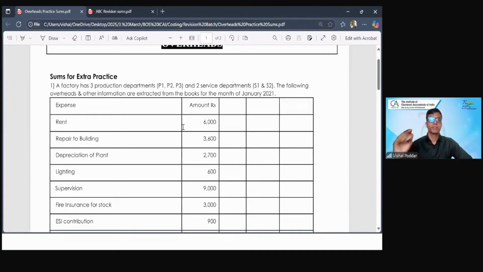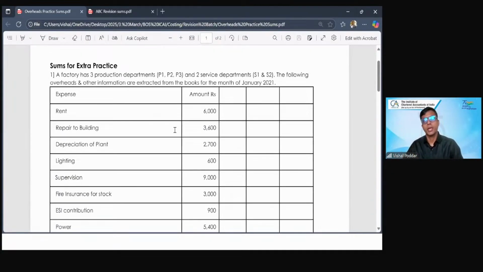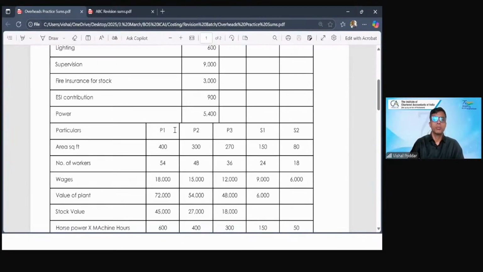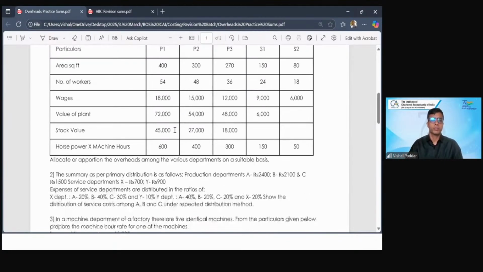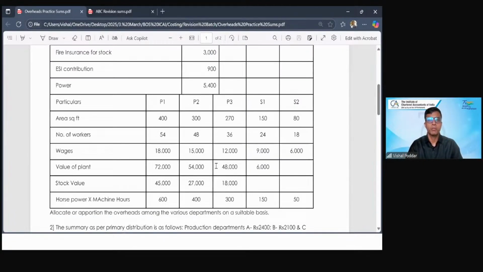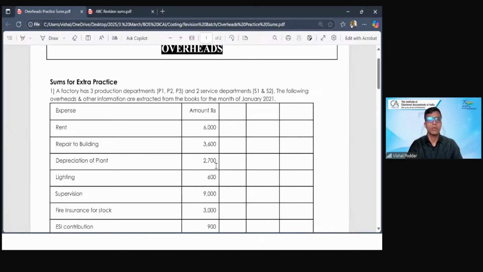this is where the question in your exams would appear like. So, this question first is where we are going to do primary distribution. What is the question saying? Allocate or apportion the overheads amongst various departments using some suitable basis. So this is primary, where your different departments over here are P1, P2, P3 for production, and for service they are S1, S2.